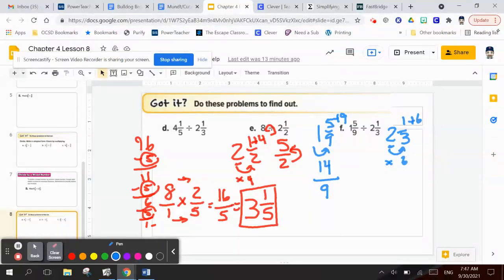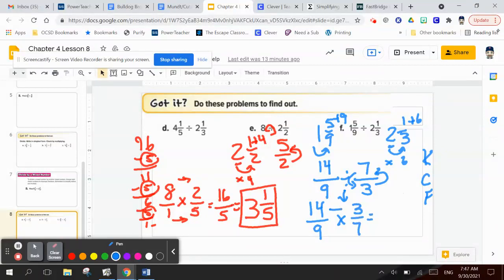Add the 6 to the 1. 1 plus 6 is 7. 3 is my denominator. There's my division problem. Now I'm going to remember my keep, change, flip. 14/9 stays the same. Change the sign from divide to multiply. Flip the second fraction. So I get 3/7.